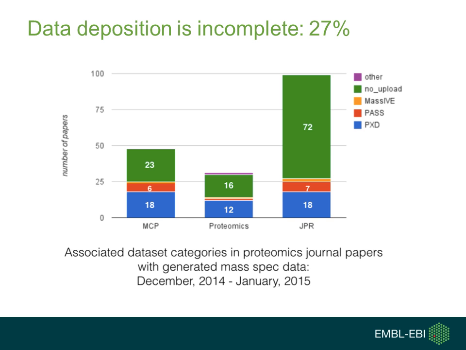We don't have the comparative numbers from years ago yet, but the editor of Proteomics has over a few years given us anecdotal numbers, and these stayed for years at about 13% for the same question as here. So definitely with the introduction of ProteomeXchange, we have made a big step forward, but there's still a long way to go.